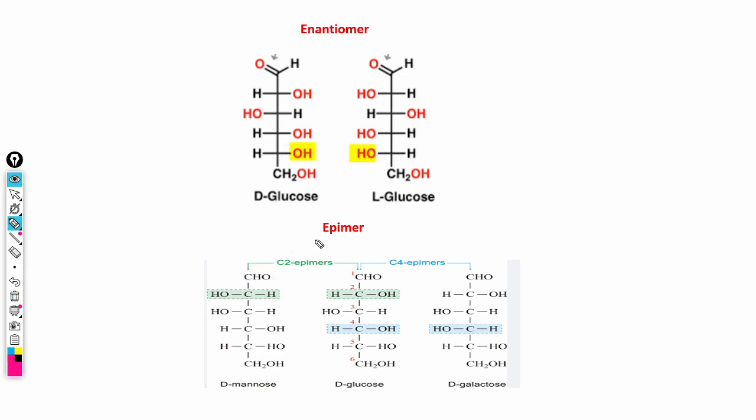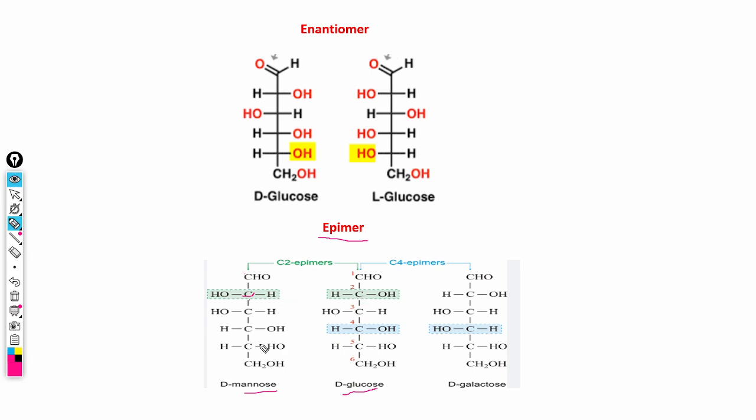Now the epimer. Epimers are any two structures which differ by a single carbon. That means let's say this is the mannose, this is the glucose. These two structures differ only by this carbon. This is the C1, this is the C2. In the C2 only the OH and the H are reversed.